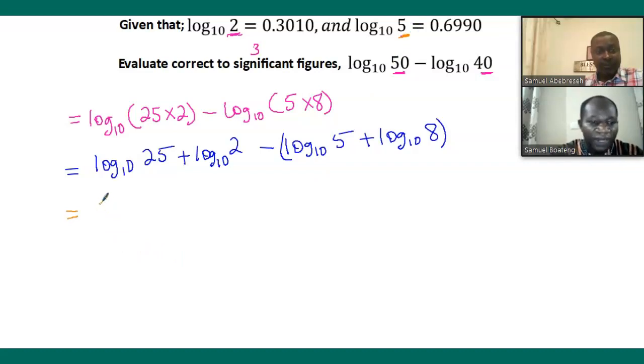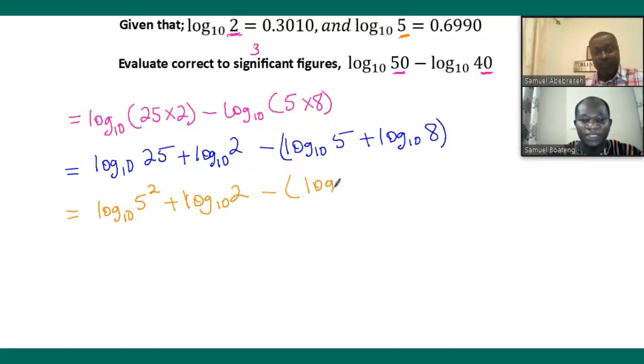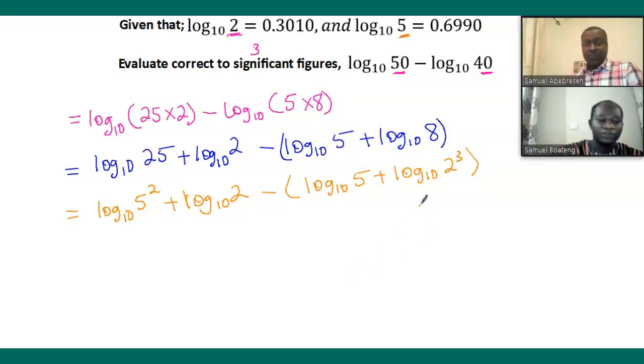So we can write log 25 as log to the base 10, 5 to the power 2, plus we can maintain the log 2 to the base 10. Then bracket open, the log 5, we can still maintain it, plus here, log 8, we need to do something about it, 2 raised to the power 3, so that we can get the value for 2.